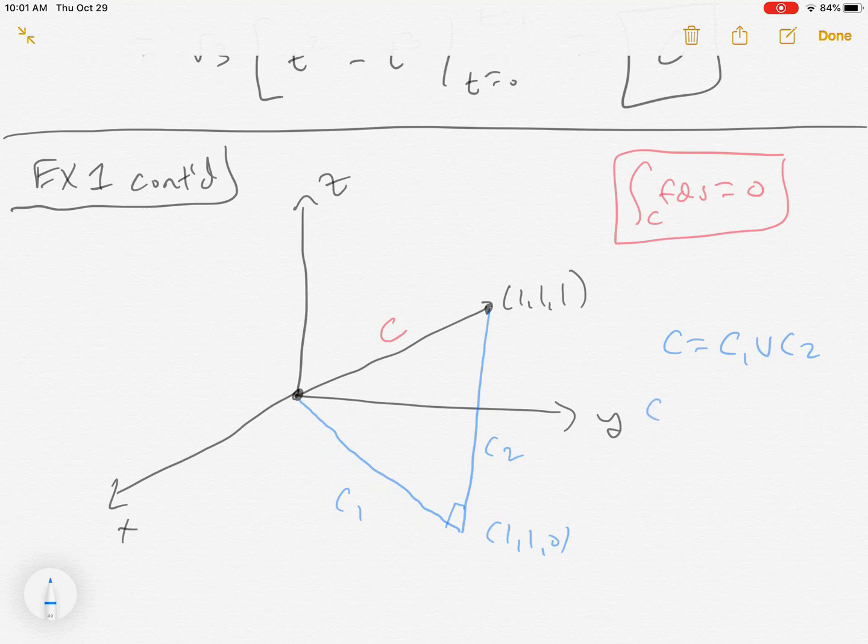If we parameterize C1, we get Ti plus Tj, and if I parameterize C2, I get i plus j plus Tk, and all of these have a parametric interval of 0 to 1. So I can take a different route to get there, and I'll get a different answer for my integral.